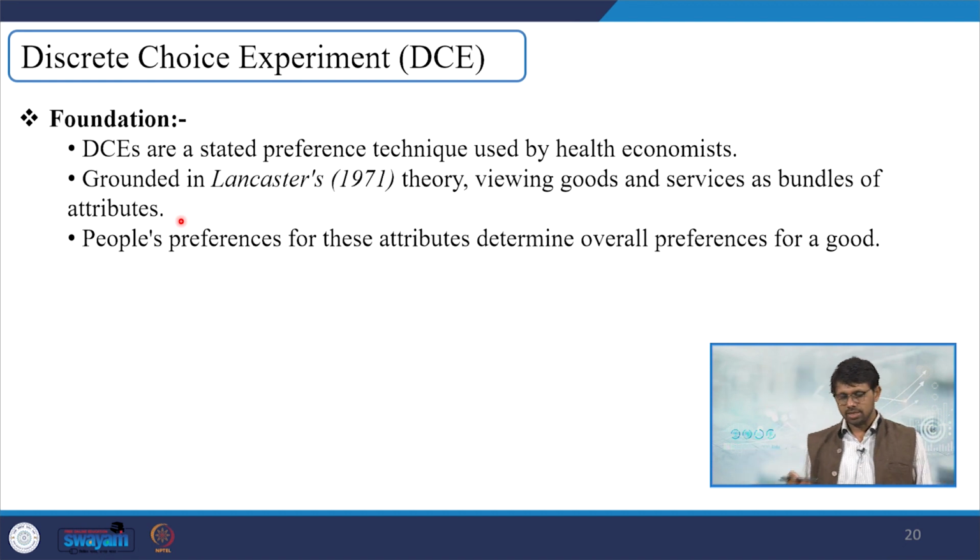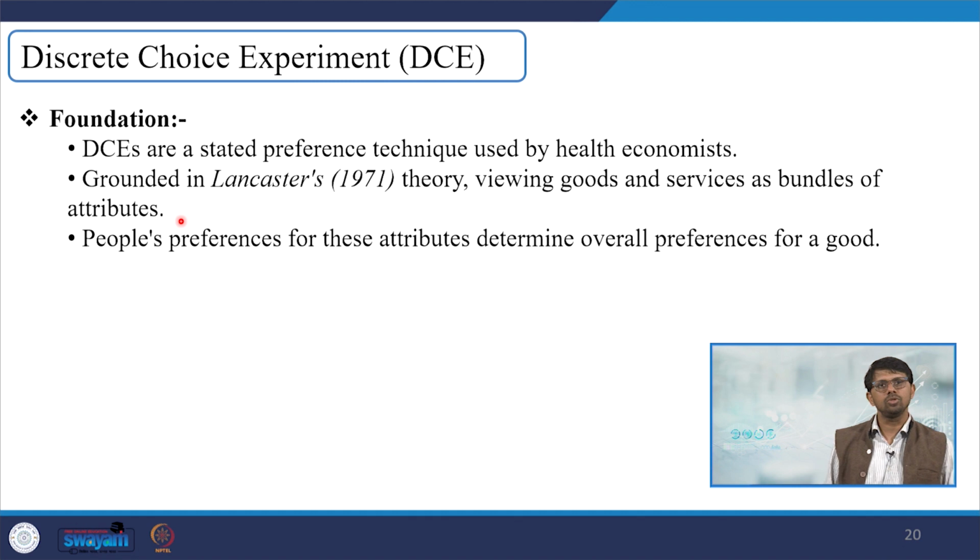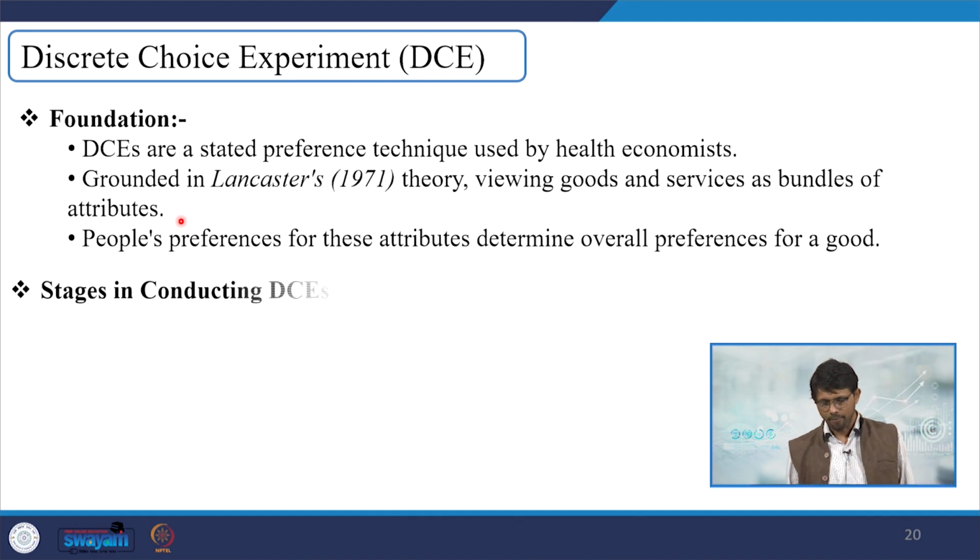Lancaster's theory views goods and services as bundles of attributes. People's preferences for these attributes determine the overall preferences for a good.